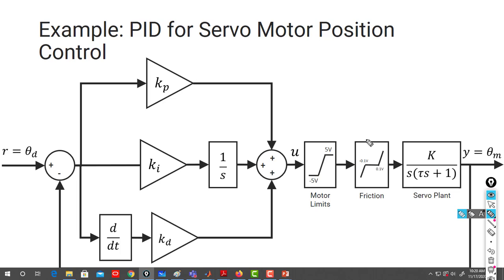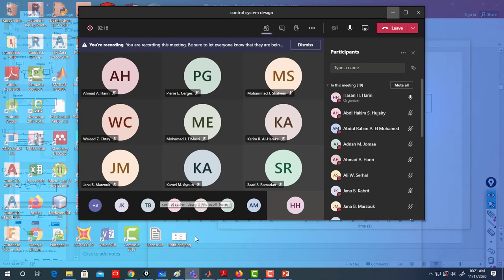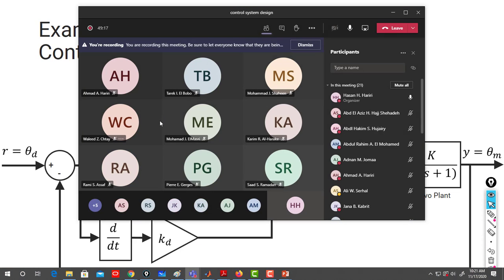Yes, students? Load. Yeah, it represents disturbance. Okay, I said load, doctor. So one said disturbance, and one said it's a load.